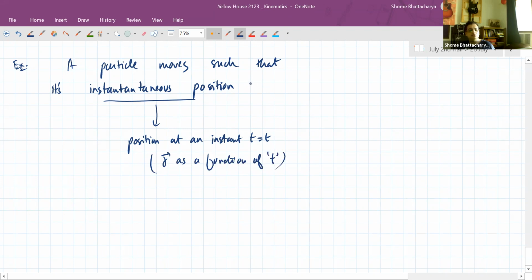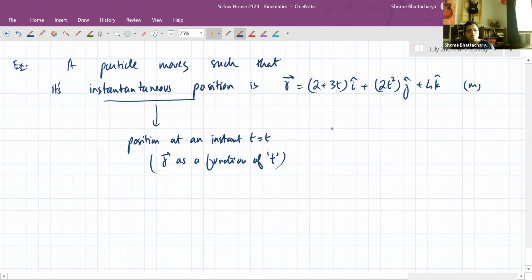So its instantaneous position is, let's say like this, it is 2 plus 3t i cap plus 2t square j cap plus 4k cap, okay, where all the components are in meters.